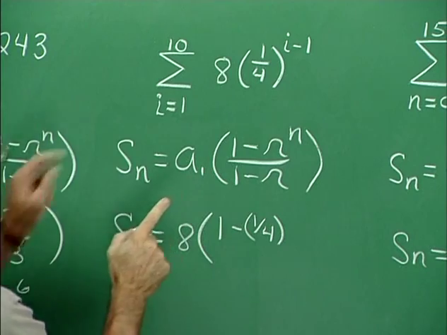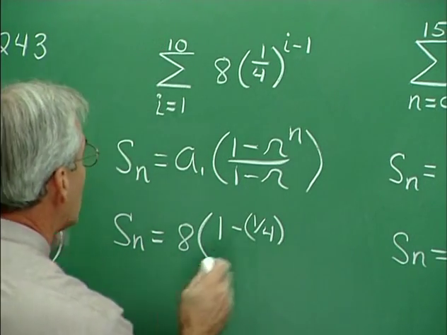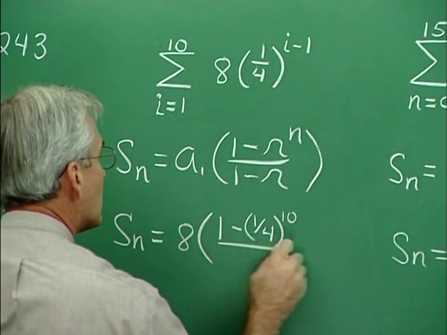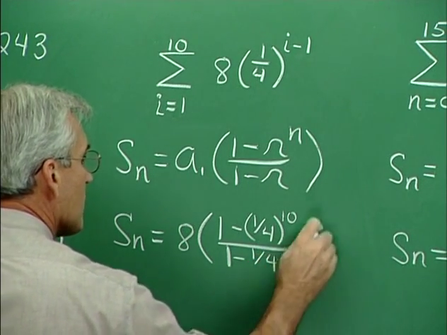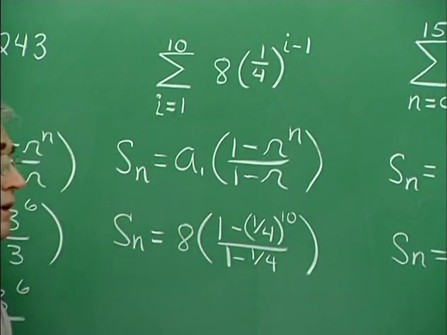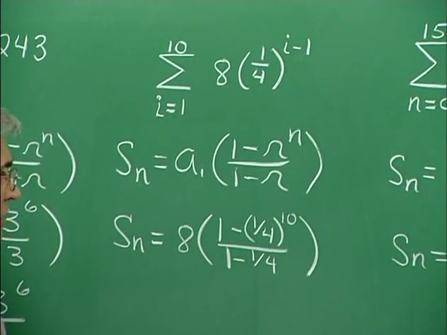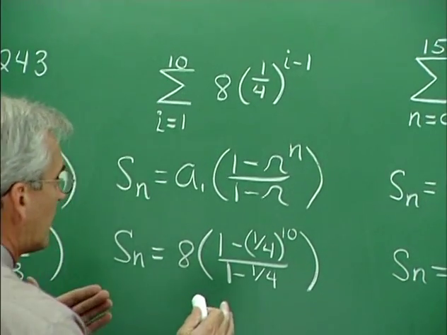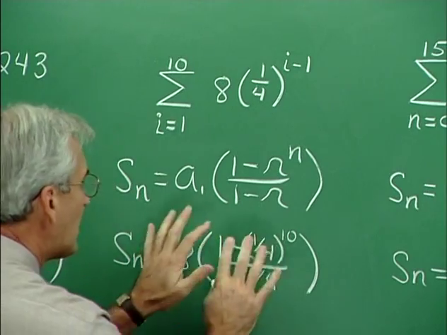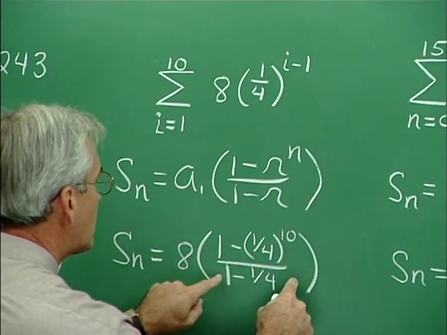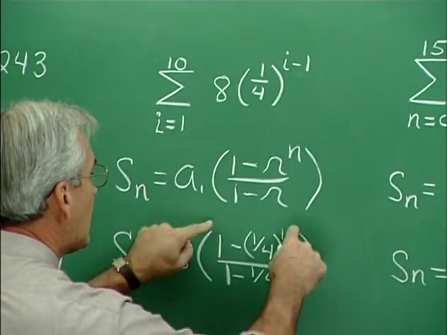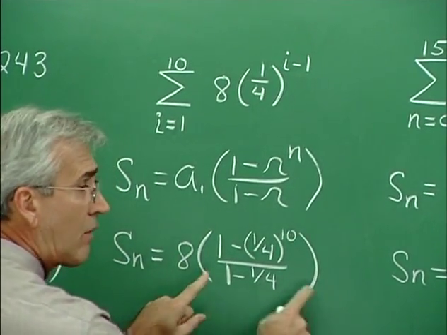Now, how many items do we have? Well, we're going from 1 to 10, so we have 10 items. And this is all over 1 minus 1/4. And now I think it's a matter of punching the calculator. Just be careful when using the calculator to have enough parentheses to contain this numerator and this denominator separately, and you need parentheses for the overall fraction as well.